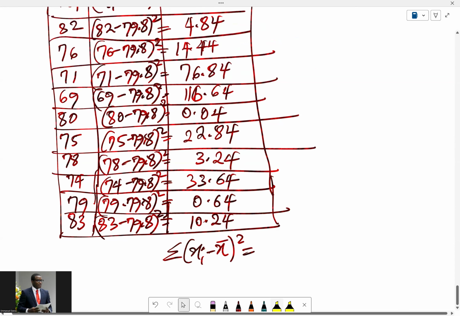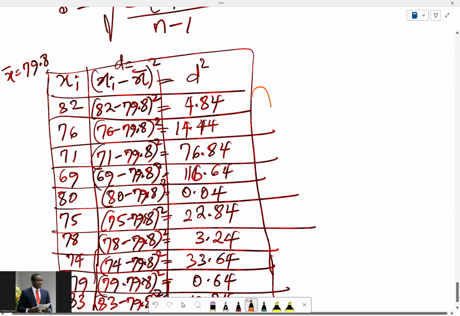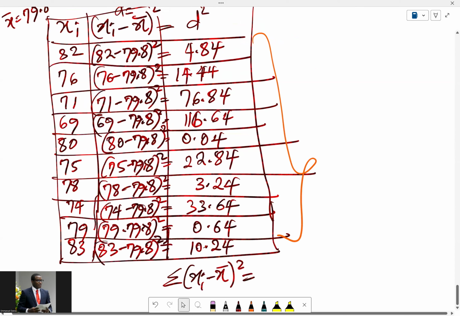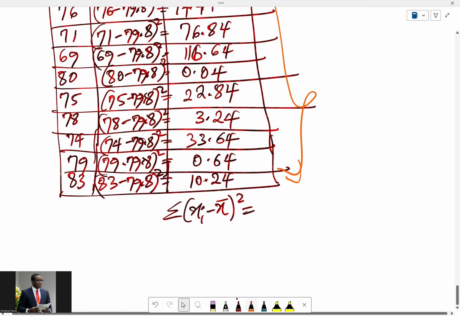So when you add up everything here, you get 302.6.